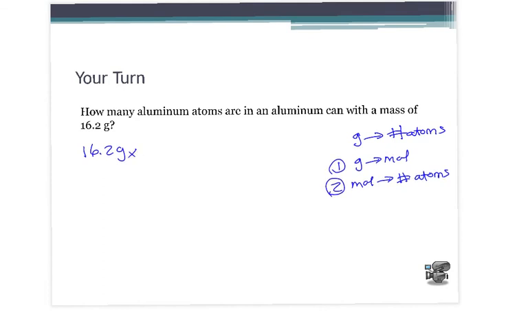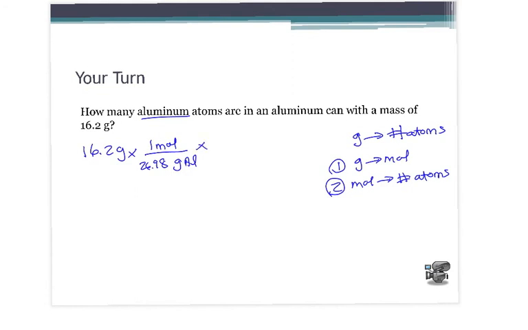So we use our molar mass of aluminum, in this case, to go from grams to moles. And since grams is on the top, we're going to put grams on the bottom. And we know that there's 26.98 grams of aluminum for every 1 mole of aluminum. And of course, we found that on the periodic table.